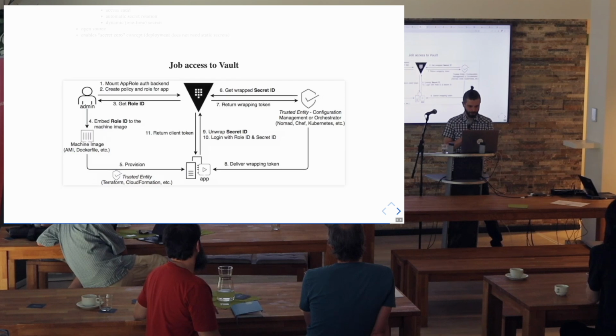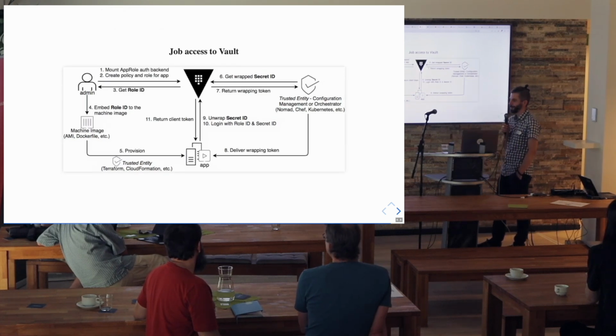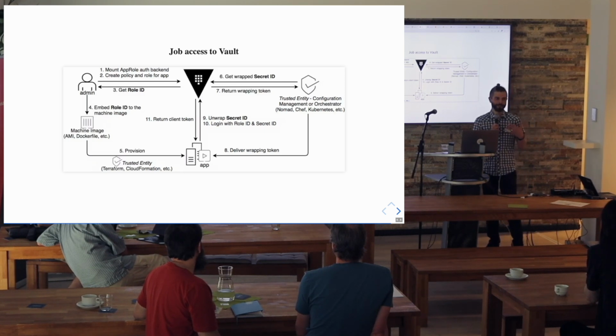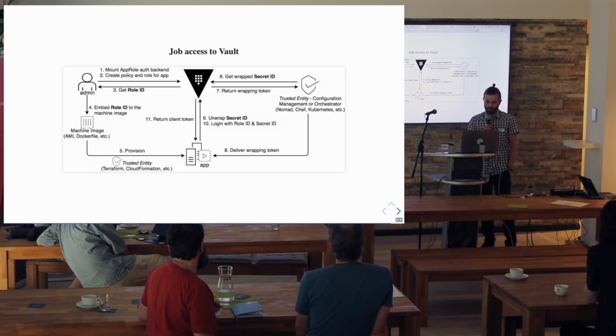Why? And this is a diagram, a funny diagram, friendly stolen from the HashiCorp website, which describes how typically your CI/CD system can get access to Vault to get secrets. So the job starts, running under Zuul.